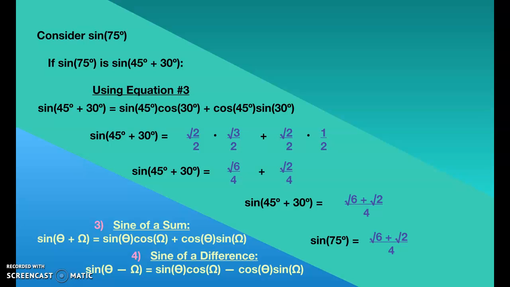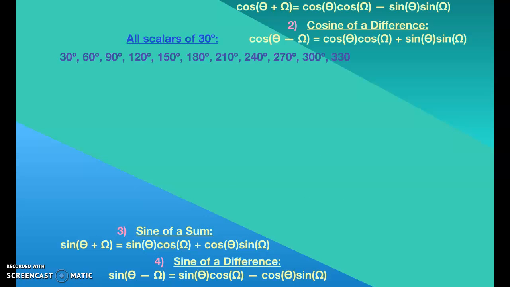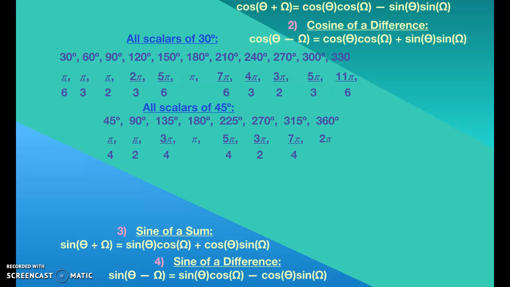Okay, so this is how it works for degrees. It also works for radians. So if we remember our radians that match the scalars of 30 and our radians that match the scalars of 45, we've got these. So something like sine of pi over 12 could be reduced to sine of pi over 3 minus pi over 4.